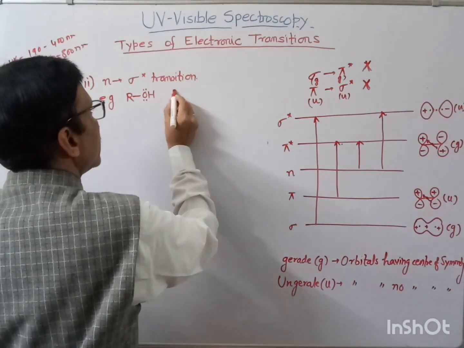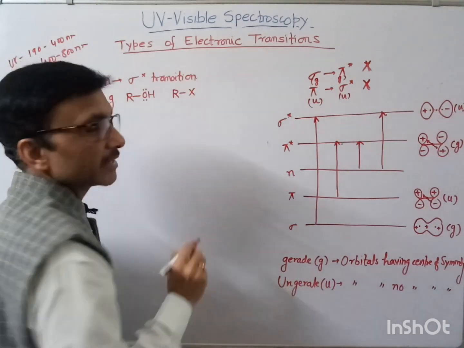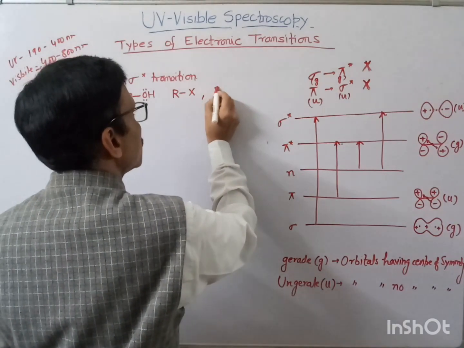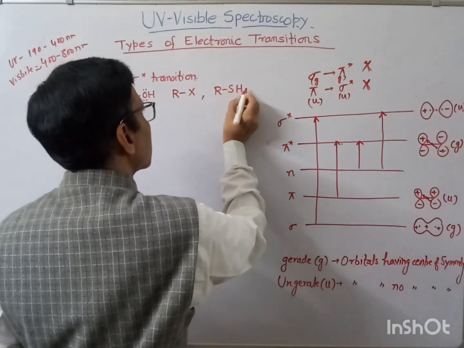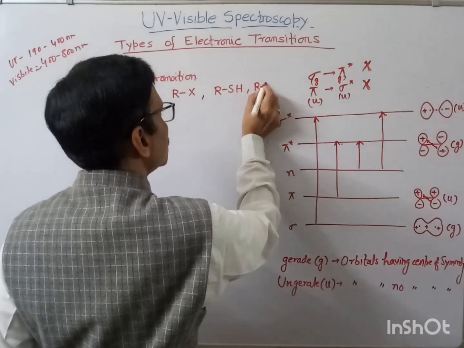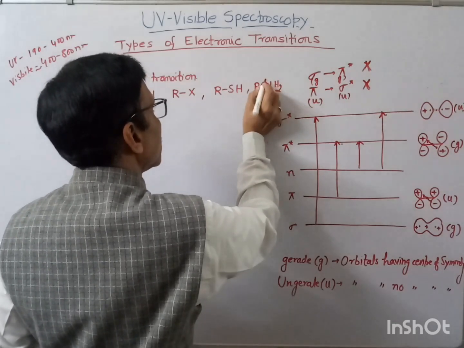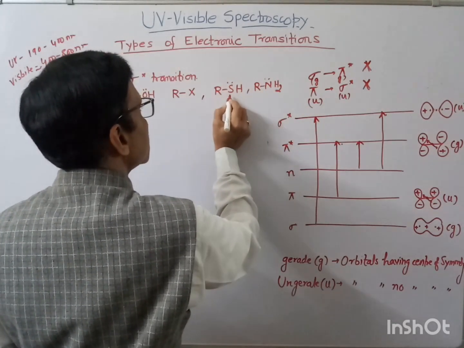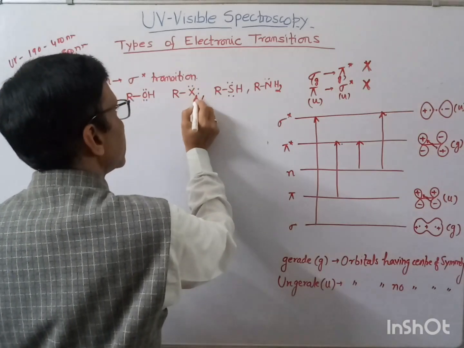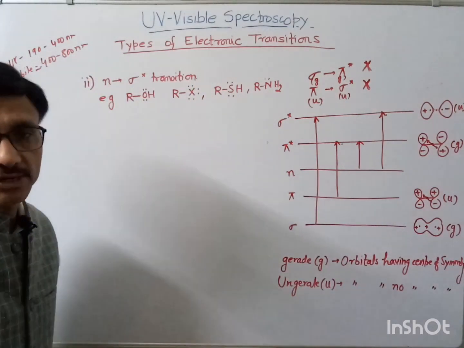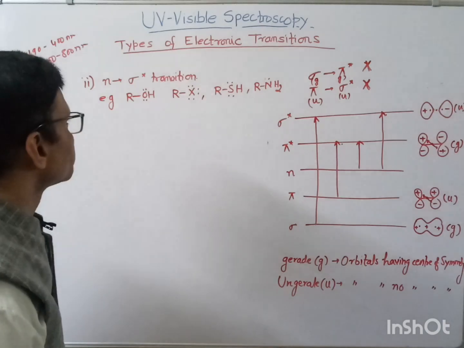In the same way, alkyl halides or NH2 groups have non-bonding electrons, so n to sigma star transition is possible there.